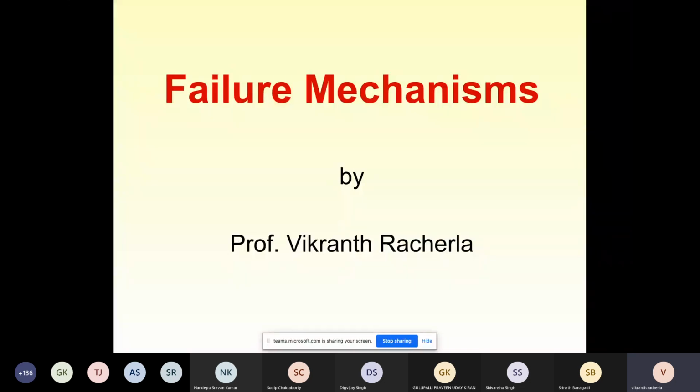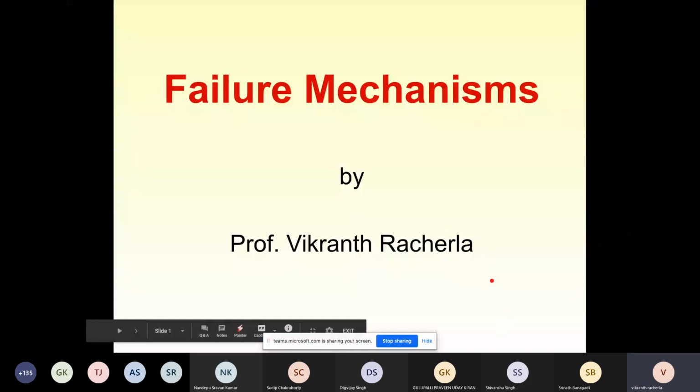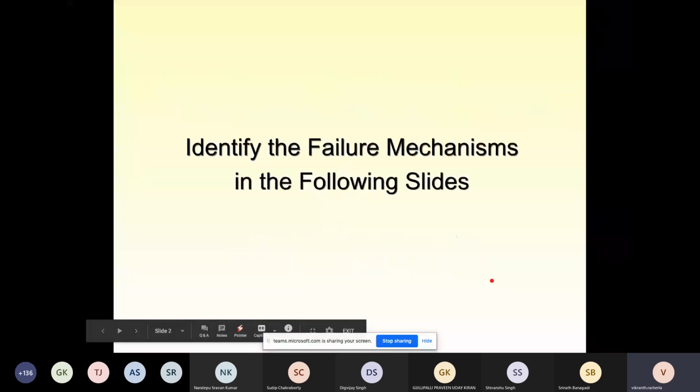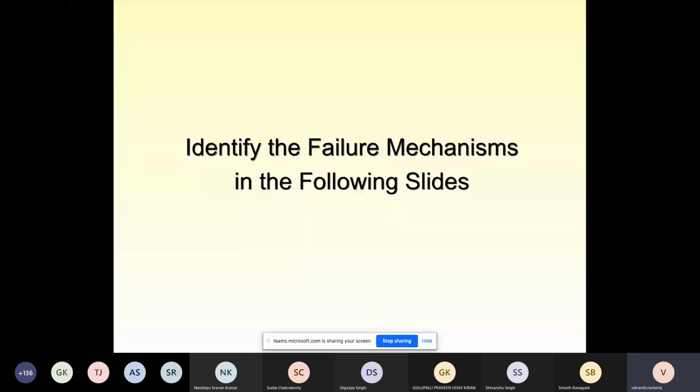And through this exercise, you are going to learn what are the different ways in which failure can happen. Let's move on. So today's task is basically to identify the failure mechanisms in the following case studies.